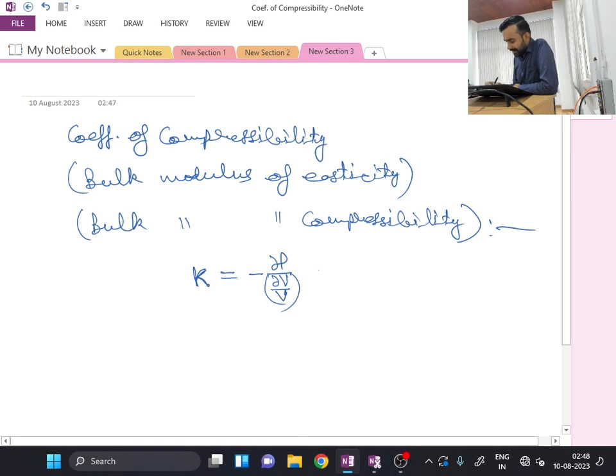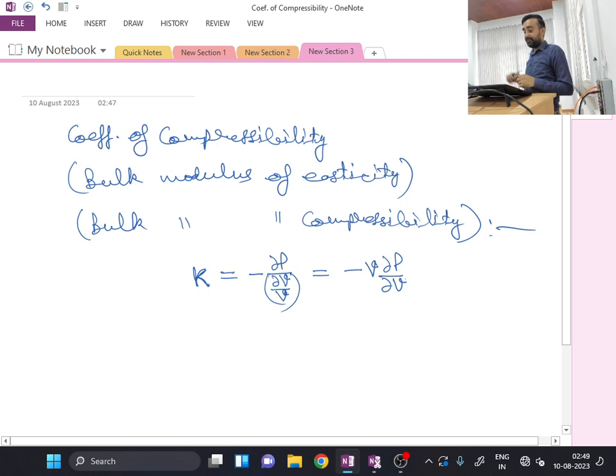So I can simply write it as minus V times, and let me write this V in specific terms. In specific terms, it will be specific volume, small v. So minus small v, del P upon del v.